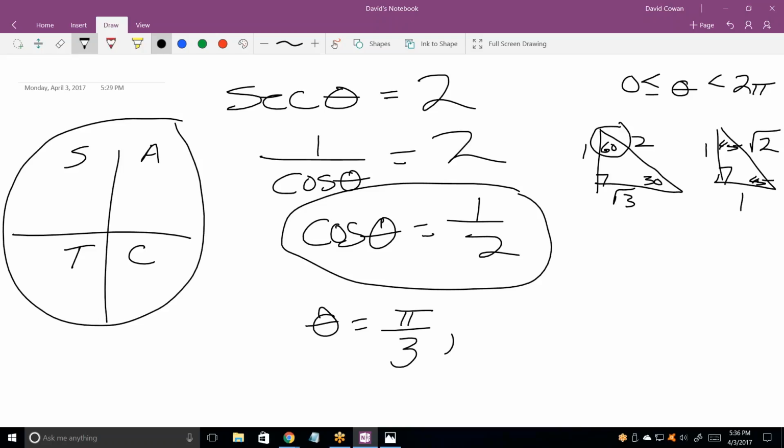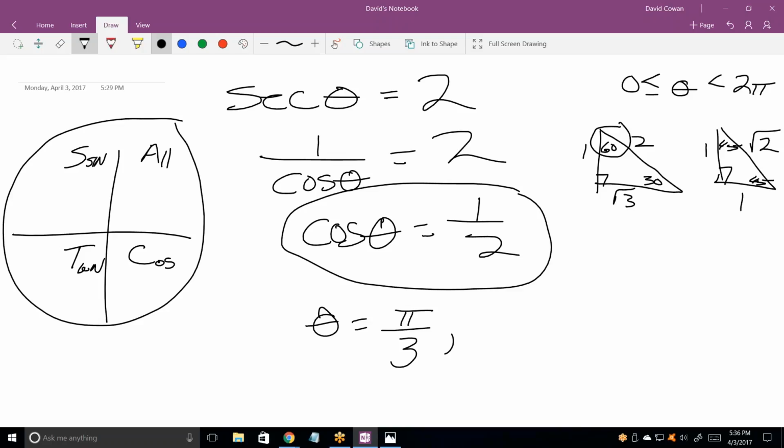Wouldn't it be... What's the ASTC stand for? Isn't the S for sine and then T for tangent and C for cosine? Okay, so where is the cosine positive?